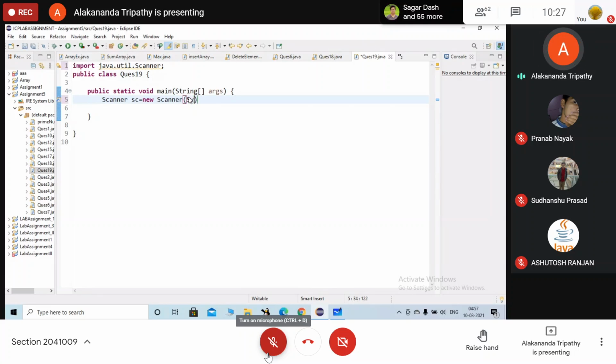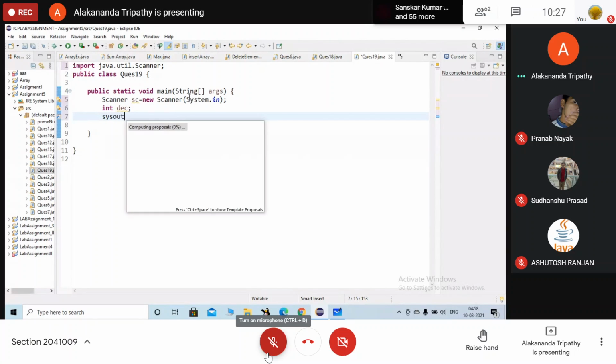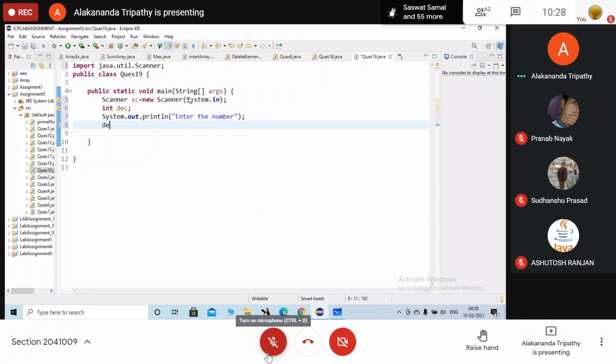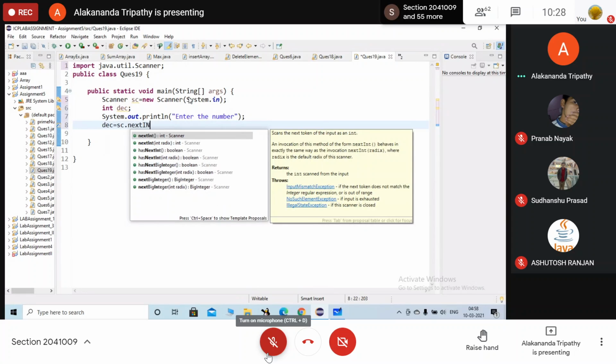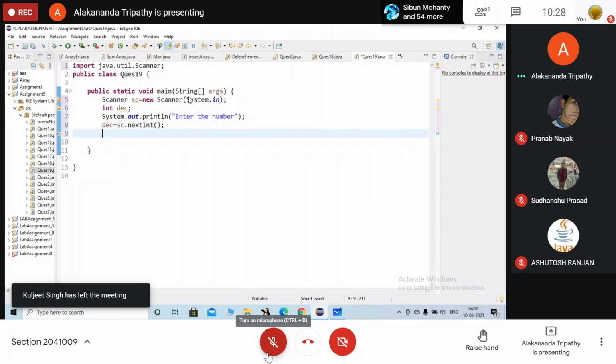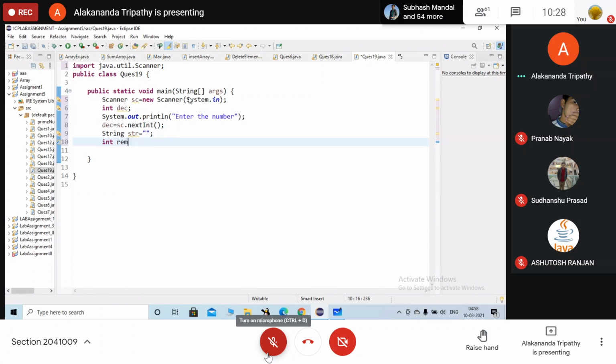New scanner system.in. Okay. IT reminder.